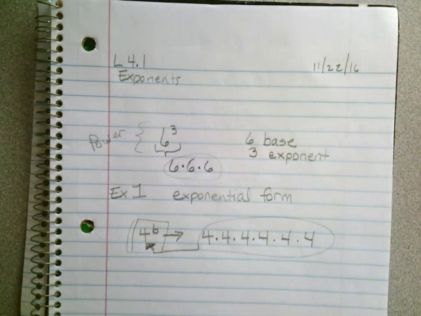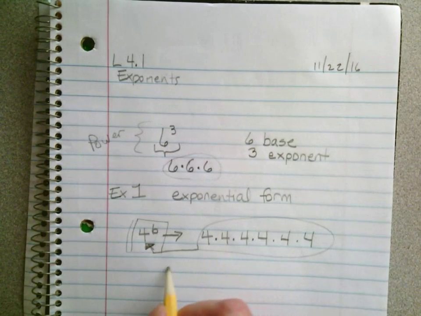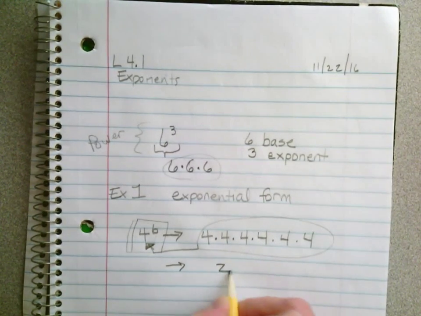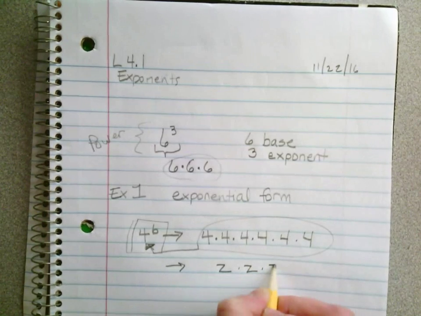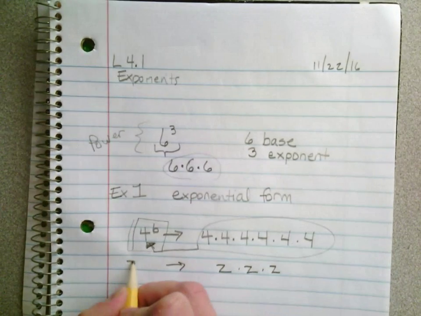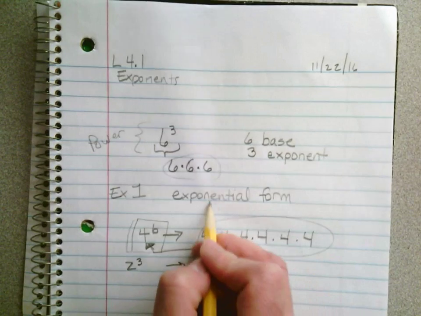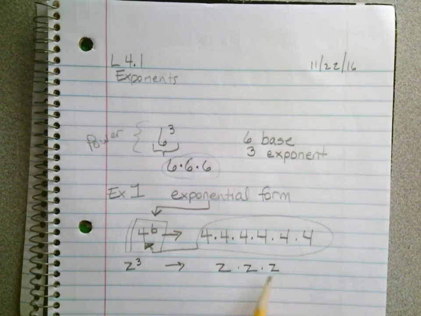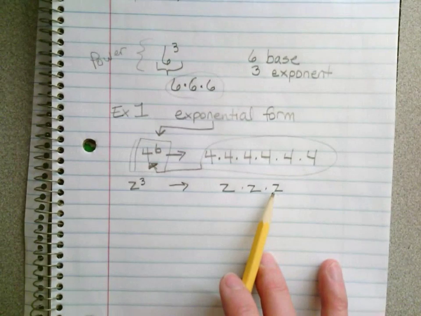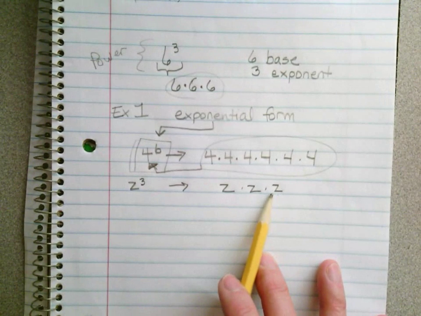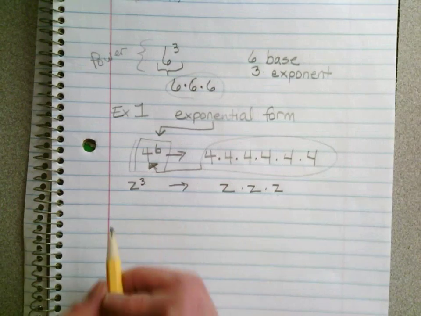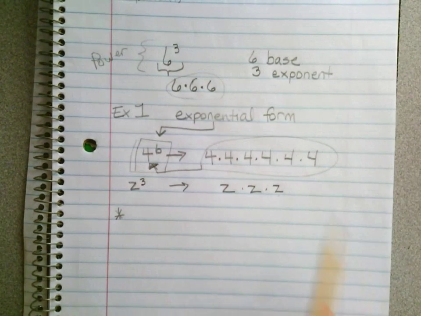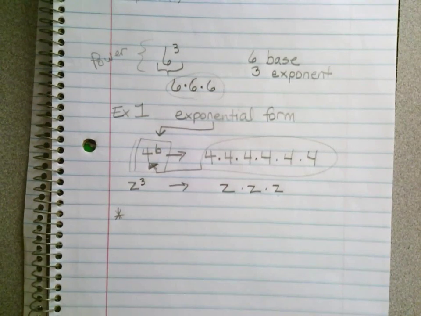Or take z this way, exponential form. That is the base with the number of times it's being repeat multiplied. You can even consider, what is the number anyway? 4,096, okay.